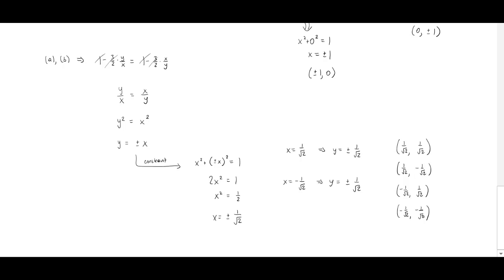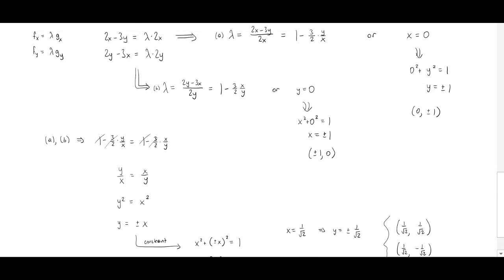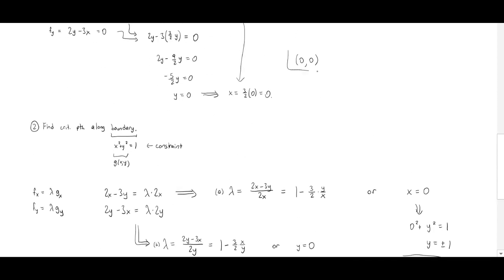So then, altogether, we found quite a few critical points. And so we had these 4 points here. It's supposed to be blue, but that's okay. Then we had 2 here, 2 here, and then the origin here, okay?